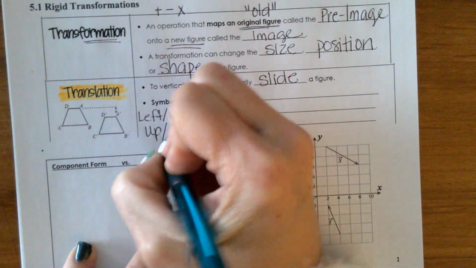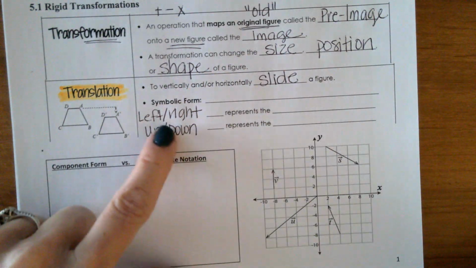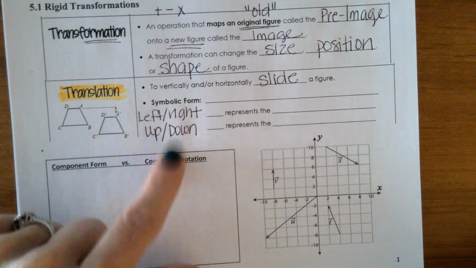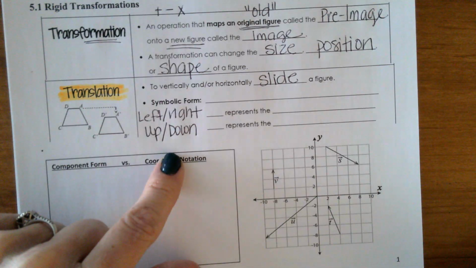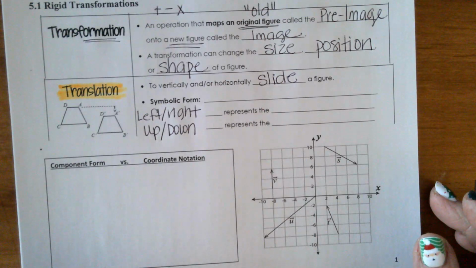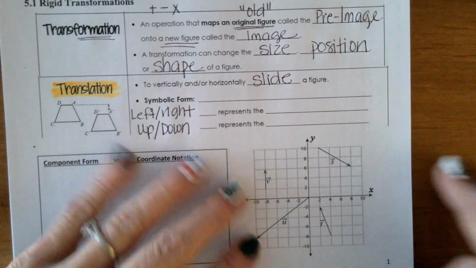You can slide it up or down, or you can do a combination of left or right and up or down. So you can move it multiple ways, and you can move it several times in a series, like 3, 4, 5 times.